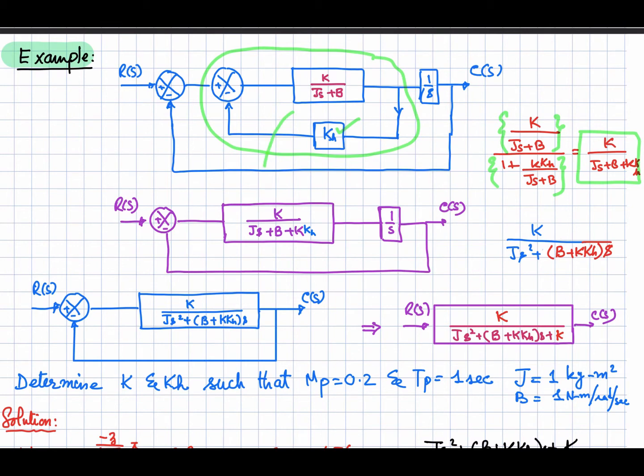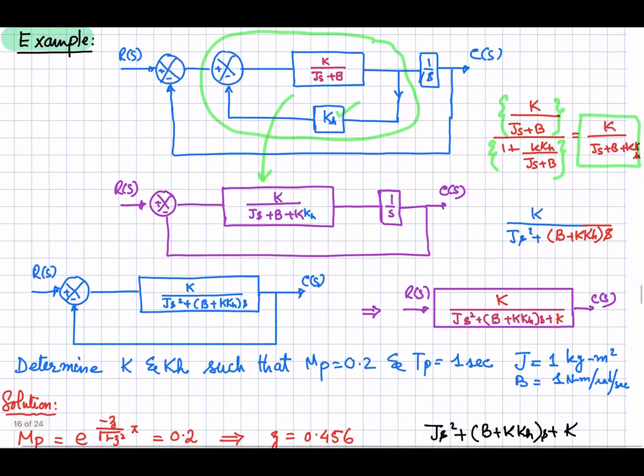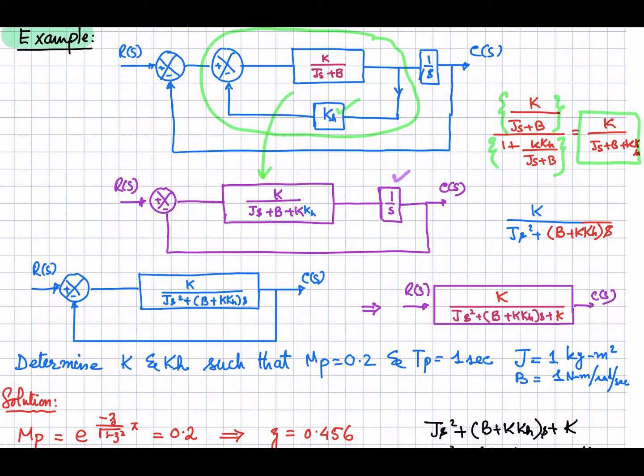So we can replace the loop with this equivalent, and now it is in series with this integrator. Multiplying these two, we will get the net transfer function, and you can see it over here. Now again we have the feedback loop, but this is the unity feedback loop, H(s) is equal to 1 in this case.